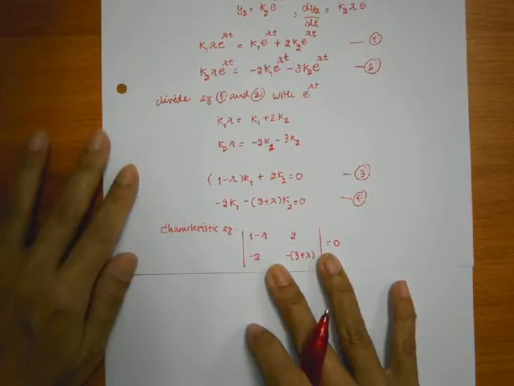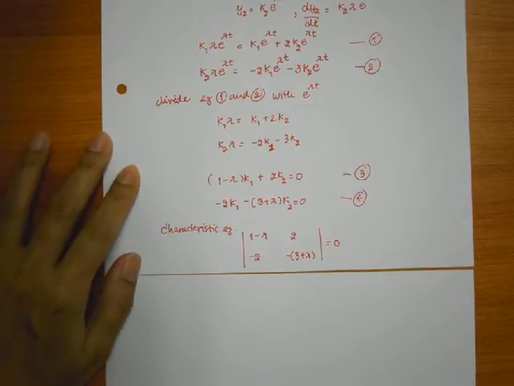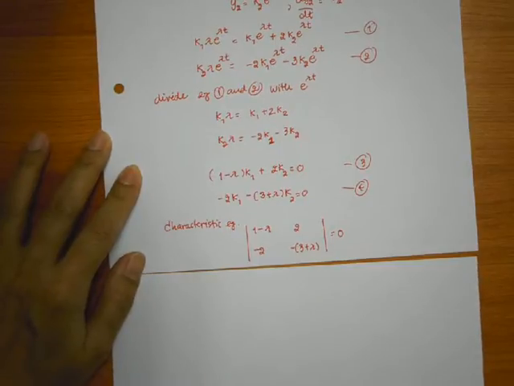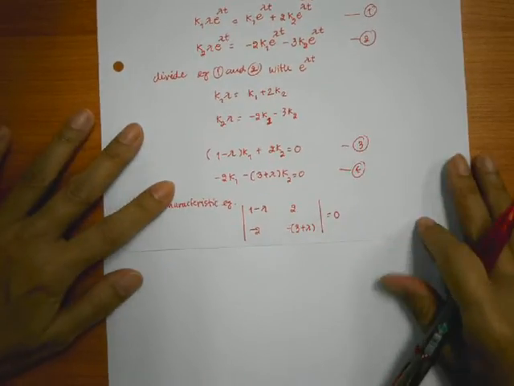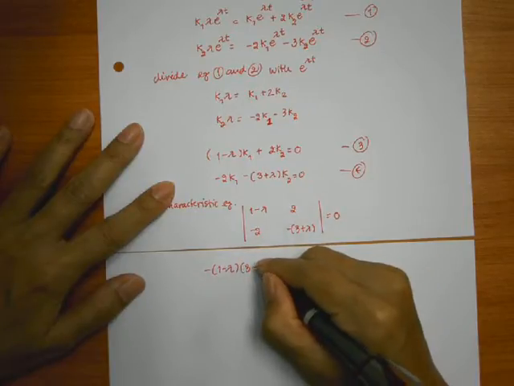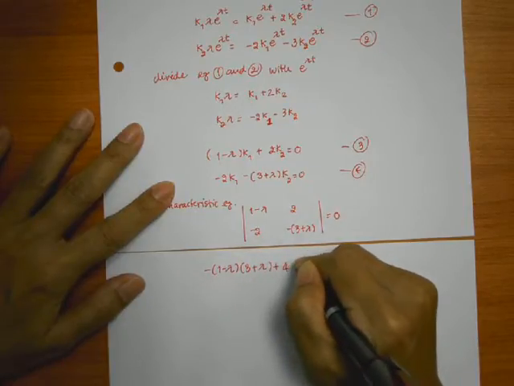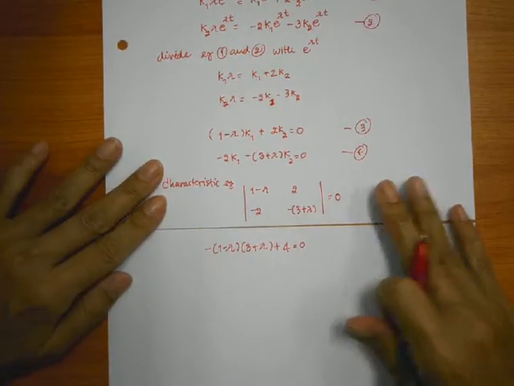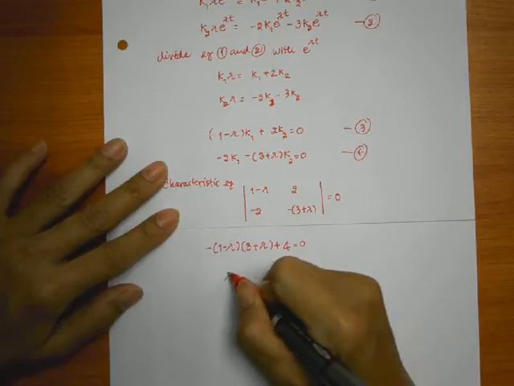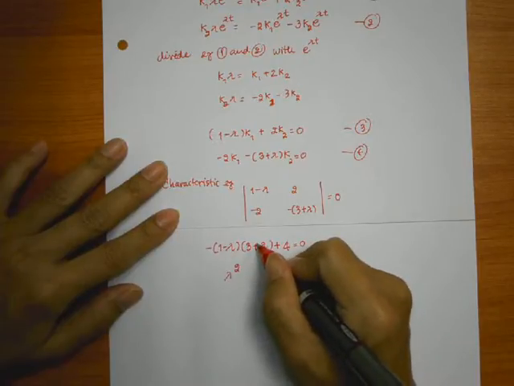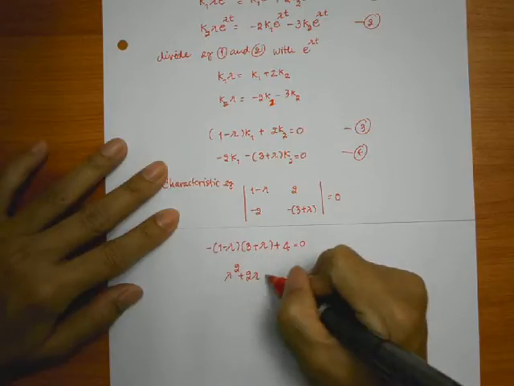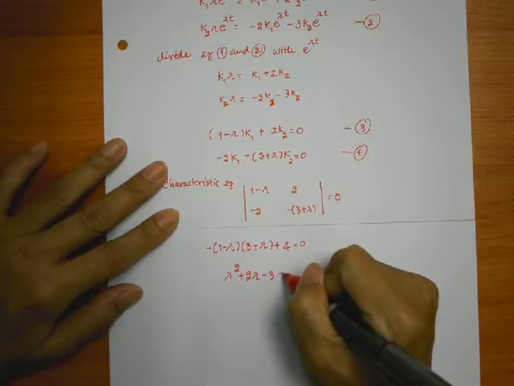And then we do the determinant. We would get lambda squared minus 3 plus 1 minus 2 plus 2 lambda minus 3 plus 4 equal to 0.